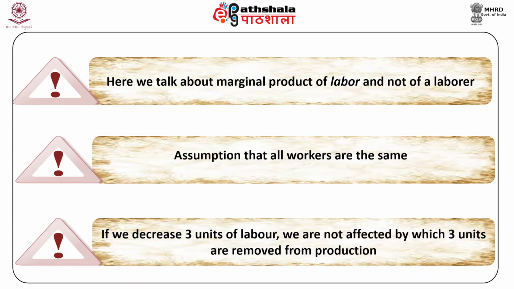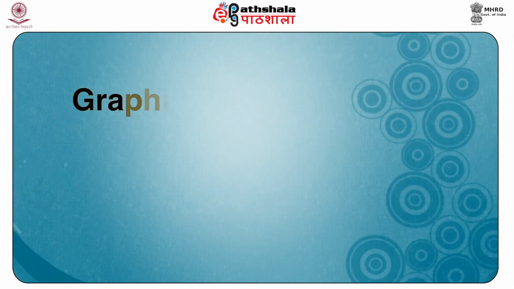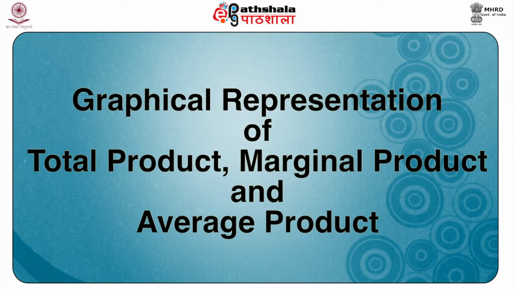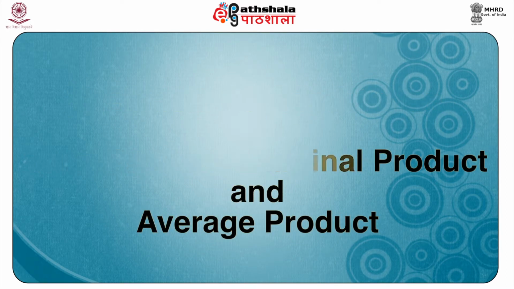Note that here we talk about marginal product of labor and not of a laborer. It is also assumed that all workers are the same. That is, if we decrease 3 units of labor, we are not affected by which 3 units are removed from production.